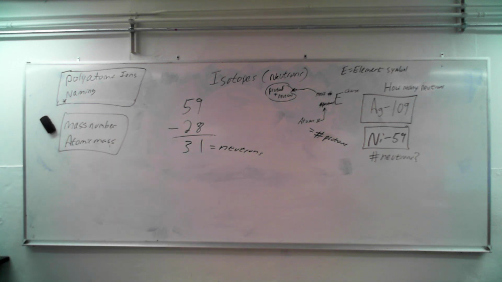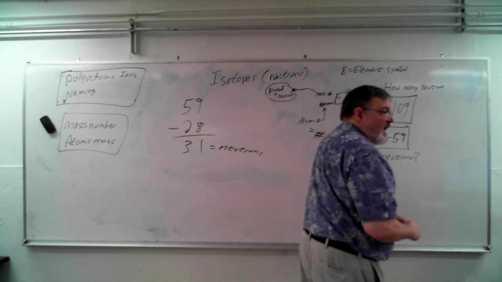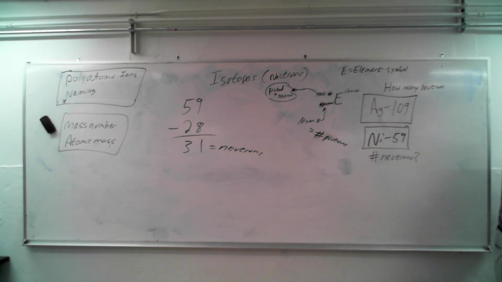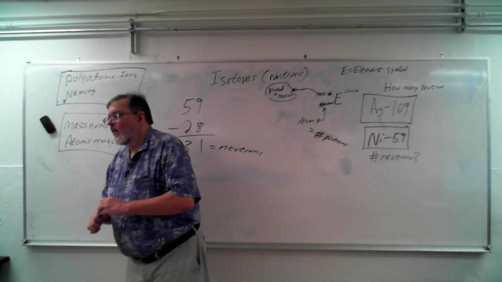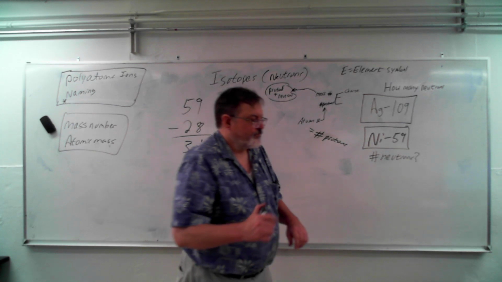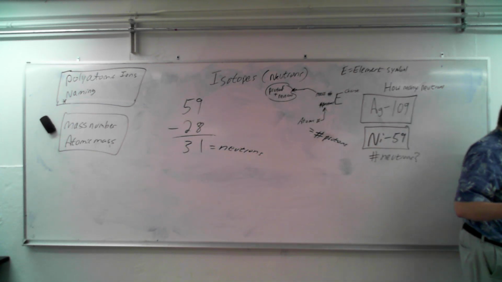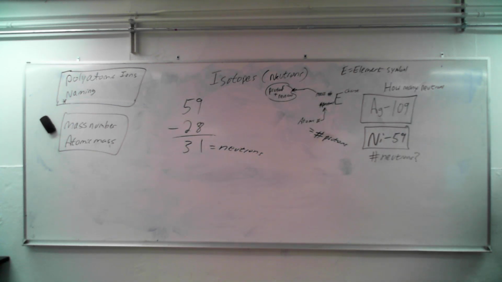Yes, I understand. The mass number is not on the periodic table. The atomic mass is on the periodic table. You guys see that? Do you want us to, for the atomic mass number, round up or round down? Like, do you want us to round, or do you want us to use the 58.69? So if we were talking about nickel, 58.69? Yes, sir. Don't round it.